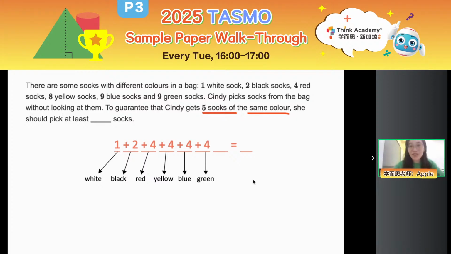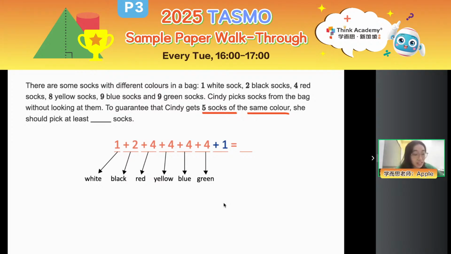Okay, so now everyone think about it. What kind of socks can you see in the back? Yes, only yellow, blue, and green, right? Based on such a scenario, no matter what color you take, as long as you take 1 more, you can confirm that Cindy will get 5 socks of the same color. So based on the worst case scenario, as long as you plus 1, you will get a success.